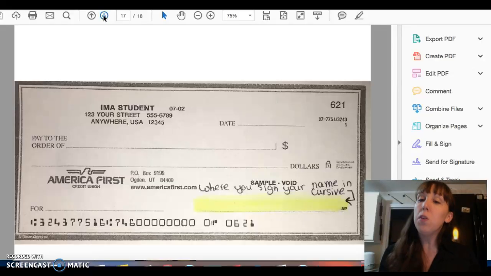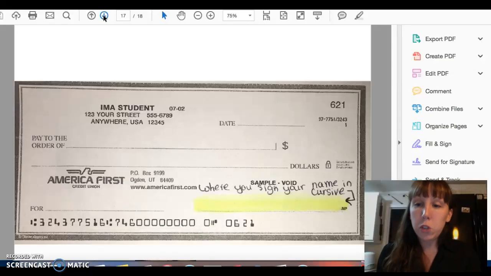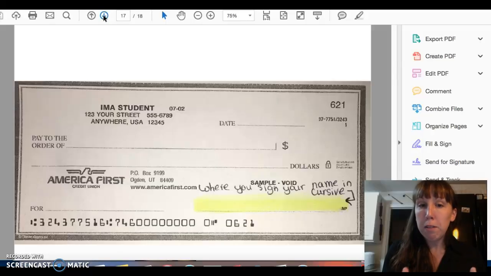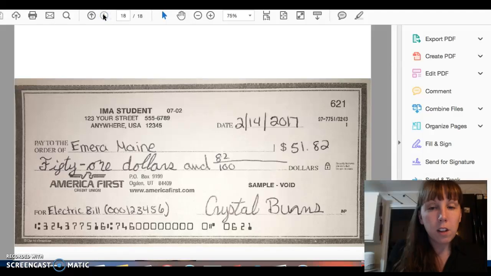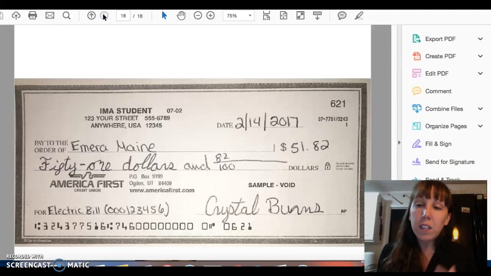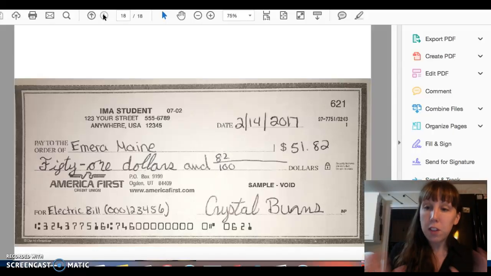So signing your name authorizes the payee, or the other institution, to cash your check, okay, and to give that money to the specific payee or the person who the check is for. So, this is where you're going to sign your name in cursive, and voila. I now have a completely filled out check, and this would pay my electric bill for this month.